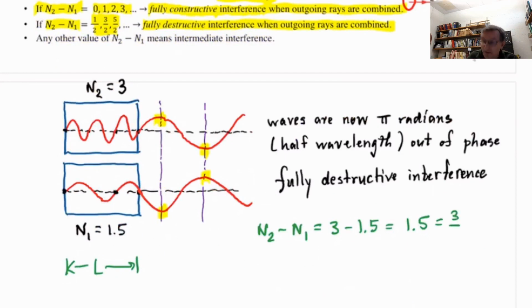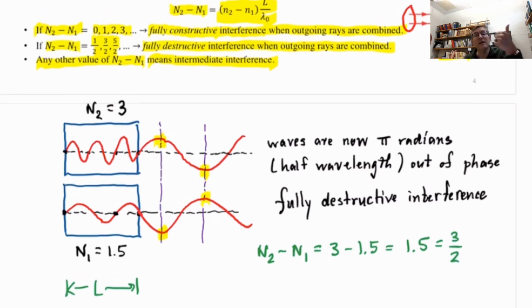That's the same thing as 3/2. And I get fully destructive interference. Any other value for big N2 minus big N1 means intermediate interference. Right? So you either have fully constructive, fully destructive, or, more commonly, something in between, intermediate.